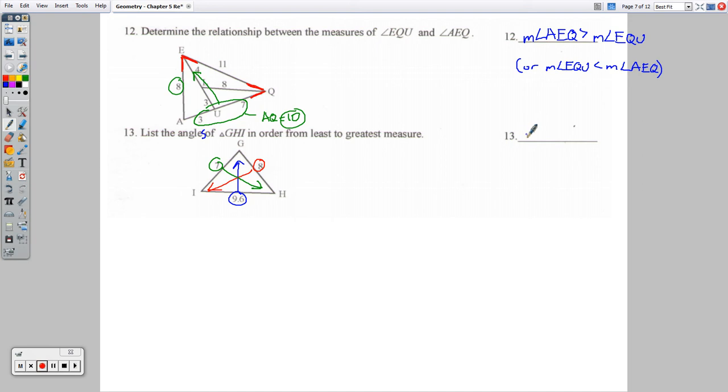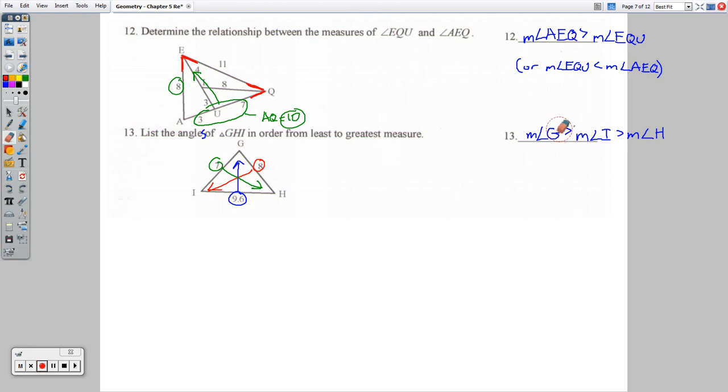We would have the measure of angle, and since it's clear what G is referred to, I can just use one letter here. The measure of angle G is going to be greater than the measure of angle I, which is going to be greater than the measure of angle H. And you could flip the order of that, and I just wrote them in the wrong direction there. So it says least to greatest.